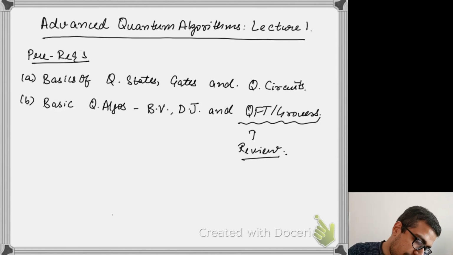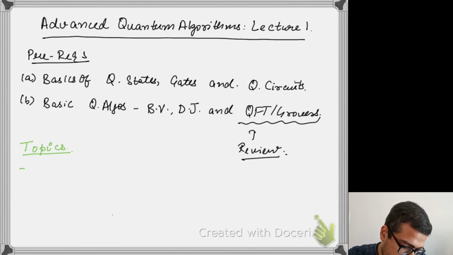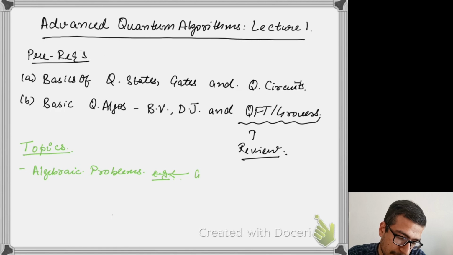Now the topics which we will cover in this course include, firstly, some quantum algorithms for algebraic problems. Basically these are algorithms based on some generalization of Fourier transform, which is essentially called the group Fourier transform.